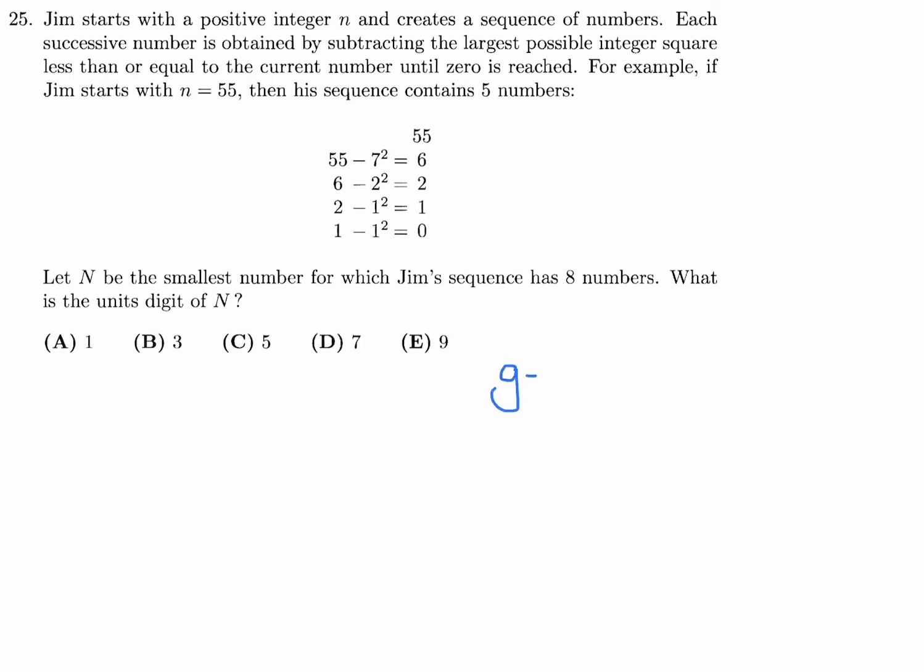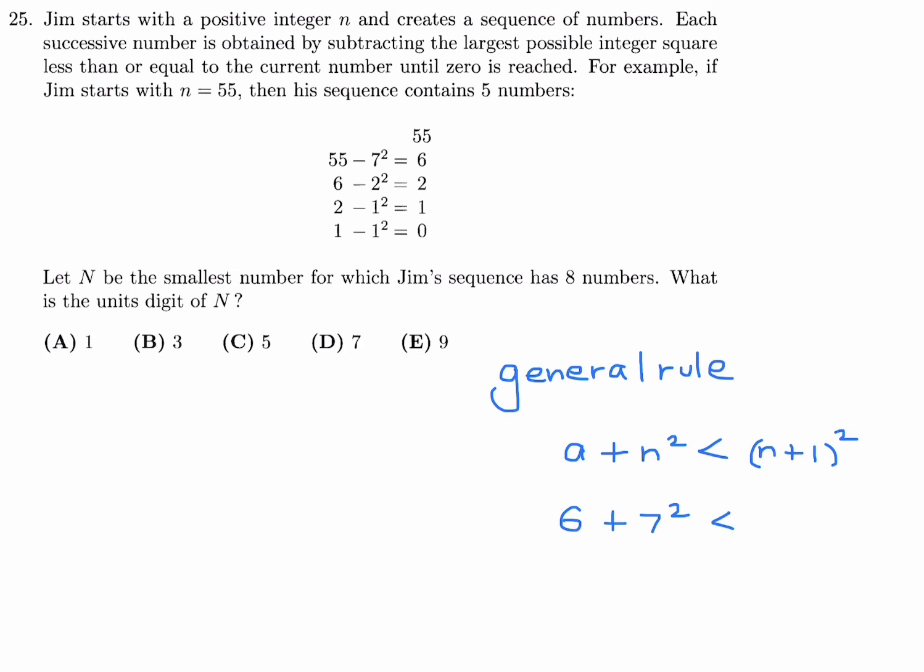This question, the general rule is that you're taking some number and you are going to add to it some square. And that must be less than n plus 1 squared. So for example, when we had 6 as our a, we had to add this 7 squared in order to get 55.